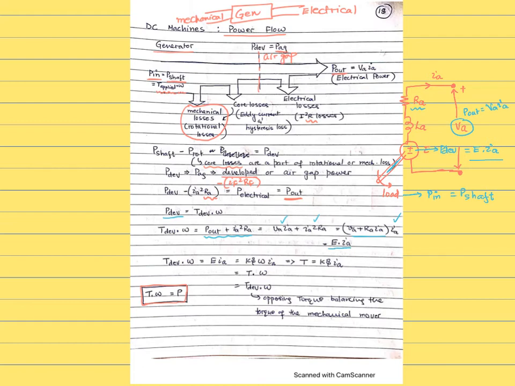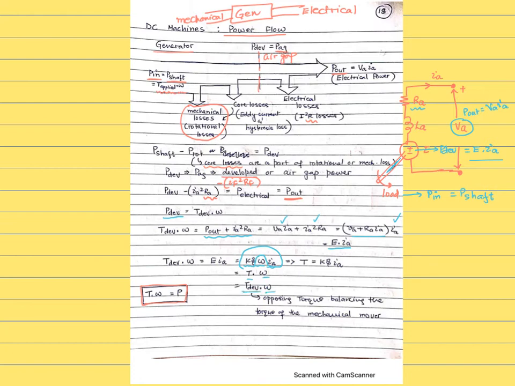That's given by, you can express E as K phi omega for the induced voltage, times IA. From there, K is there, IA is there, and phi is there, so this portion is your T, so T omega. Since we're talking about the developed torque, this is the developed torque.